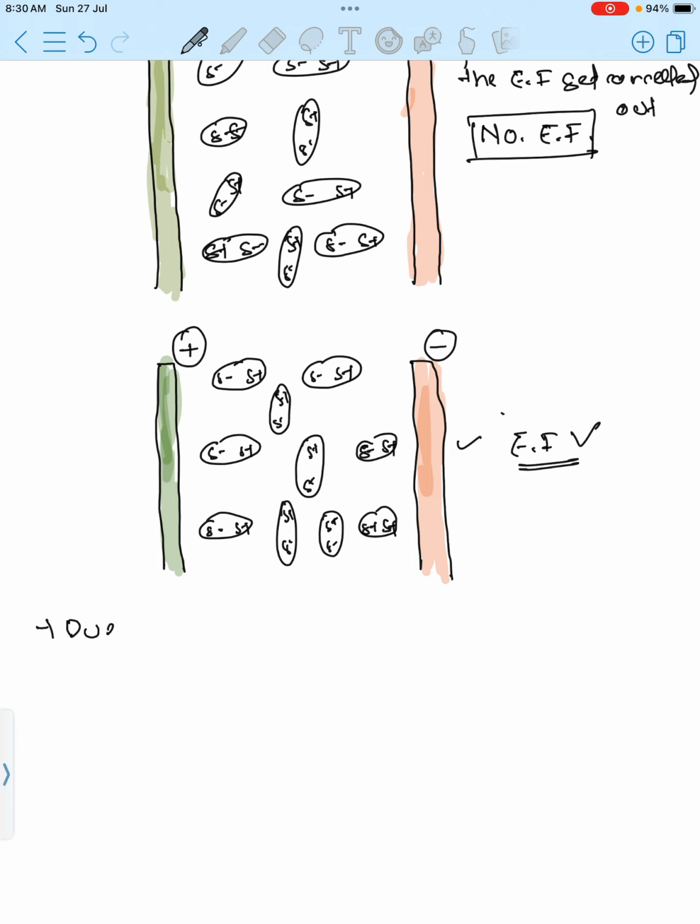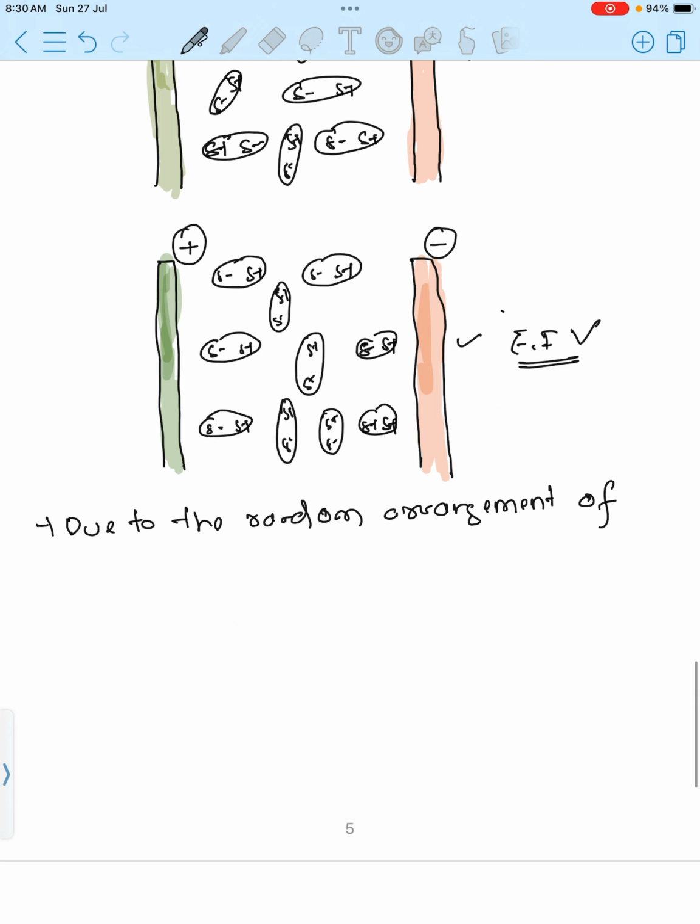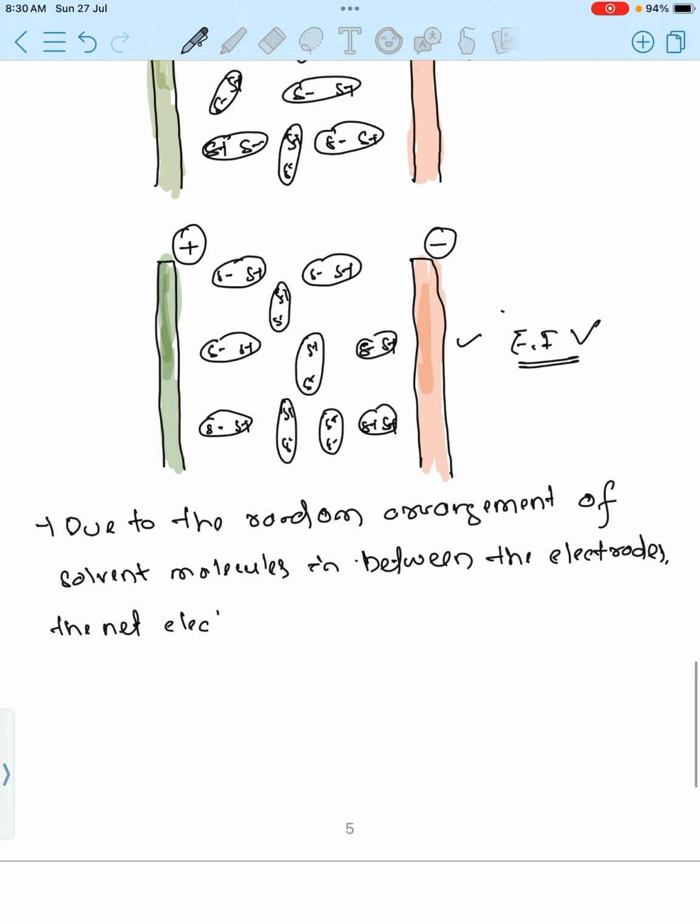So, due to the random arrangement of solvent molecules in between the electrodes, the net electric field intensity gets cancelled out, or the net effect decreases.